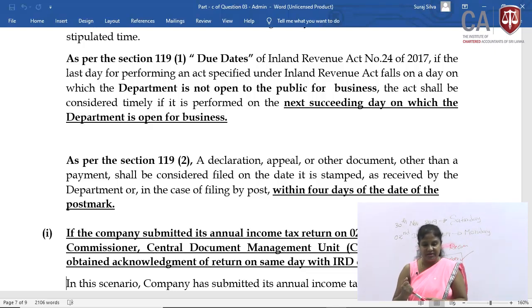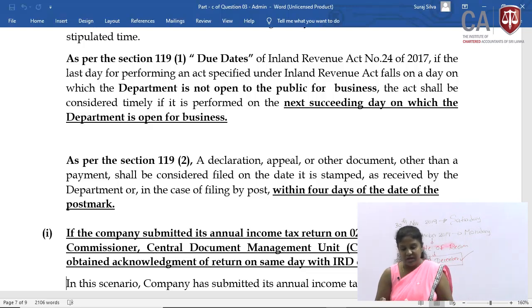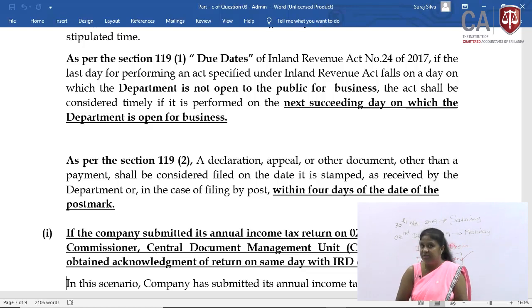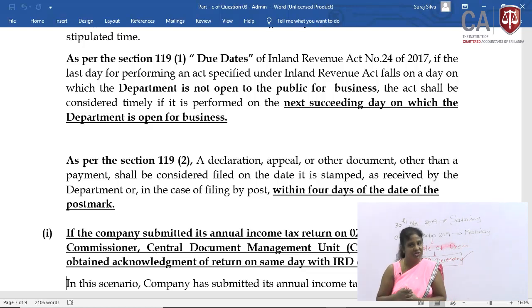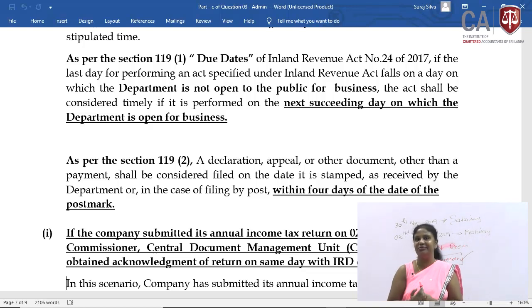As per section 119 subsection 2, the declaration, appeal or other document, not only returns, all these documents, this provision is applicable. Other than payment, for the collection of payment, and other than section 151, which is extension of time, they are not willing to give the extended period.